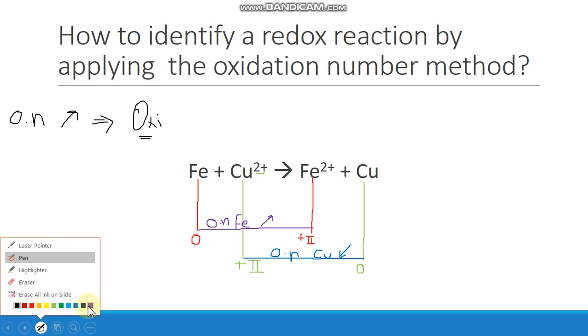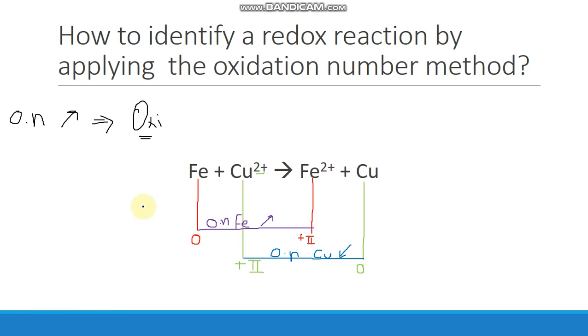I'm going to use another color for this, the darker blue. When the oxidation number decreases, this is called reduction. Okay, so when an element undergoes oxidation, we know that its oxidation number has increased, and when it undergoes reduction, its oxidation number decreased.